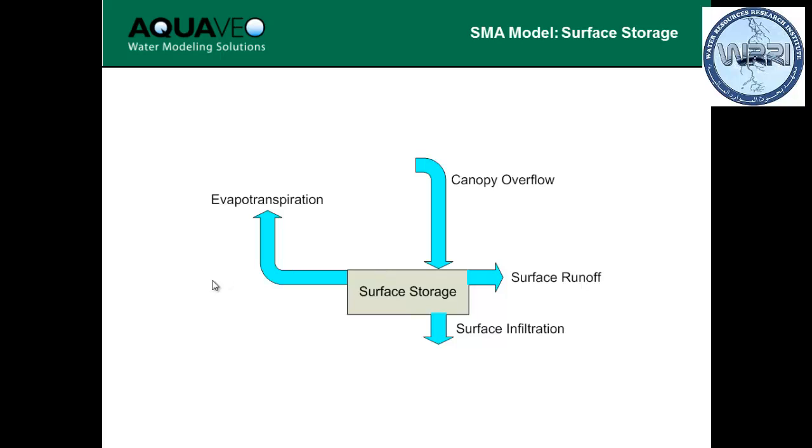Beneath the canopy, you have surface storage. You have canopy overflow coming into the surface storage, and evapotranspiration out of that layer. You also have surface runoff from that layer, and then some of the rainfall goes into infiltration.